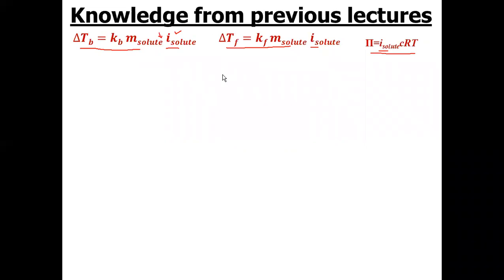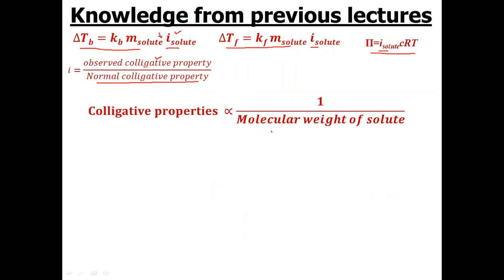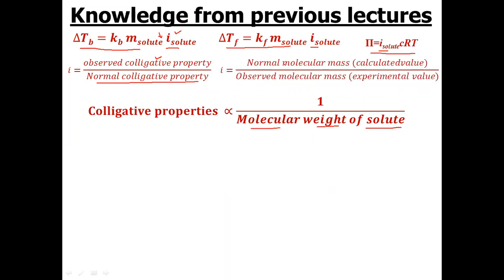This iota is given by the observed colligative property, meaning the experimental value, divided by the normal colligative property, meaning the value calculated from the theoretical expression. We also know that colligative property is inversely proportional to the molecular weight of the solute. So we can have another value of iota as the normal molecular weight, the theoretical value, divided by the observed molecular weight, the experimental value.